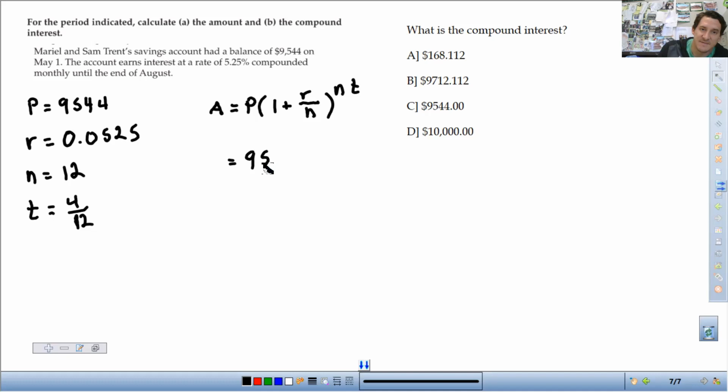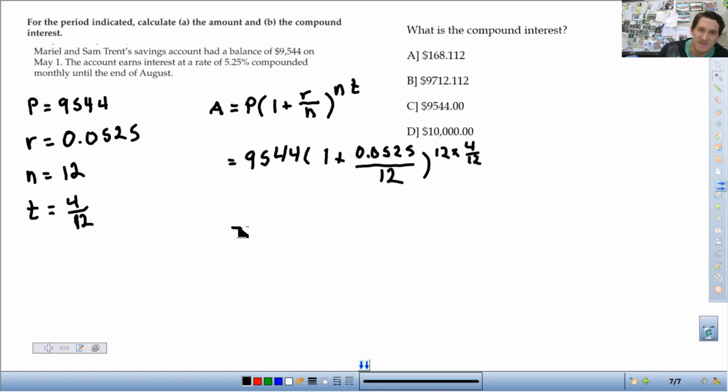So 9,544 times 1 plus 0.0525 over 12, to the 12 times 4 over 12 power.